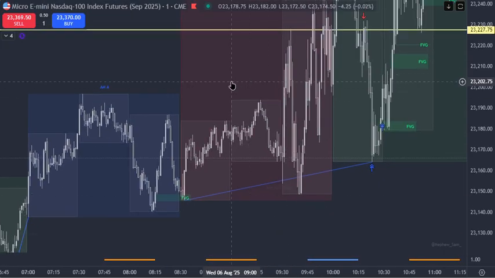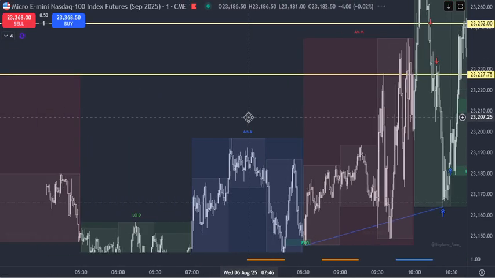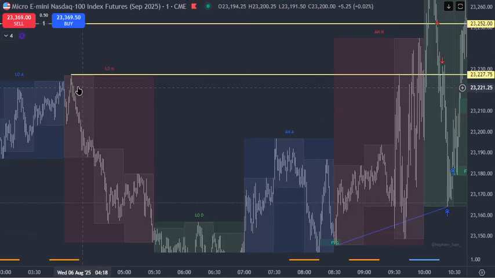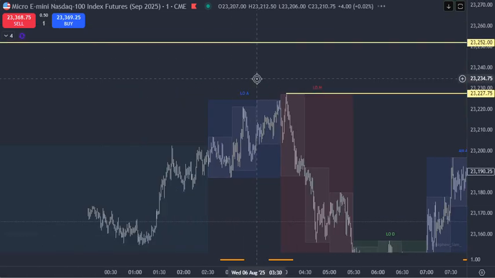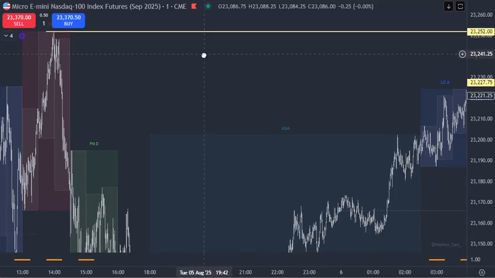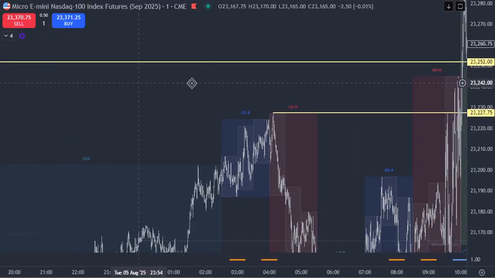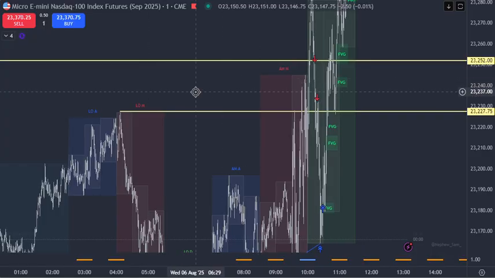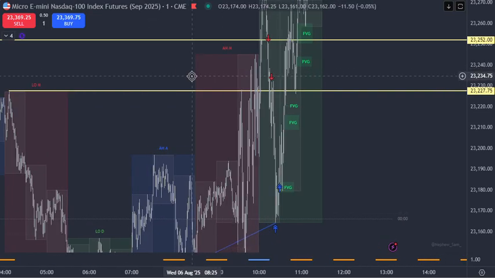I was looking for a London session sweep low, and for this London high to be taken, and then yesterday we had that PM session over here. I was looking to target that.